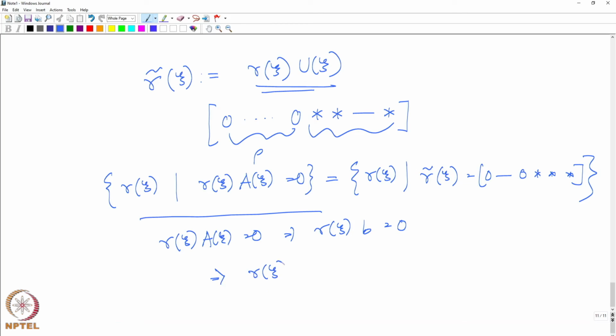R xi B is the same as R xi U xi U inverse xi B, which is the same as R tilde xi B tilde.